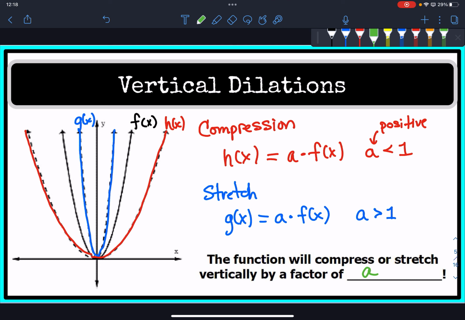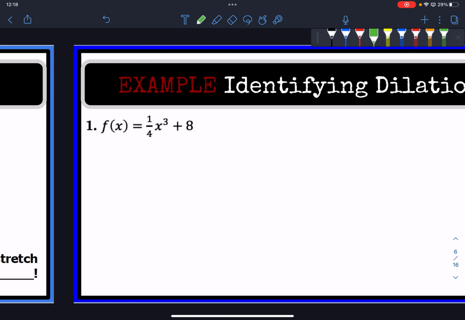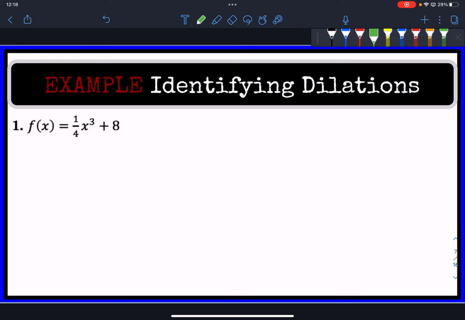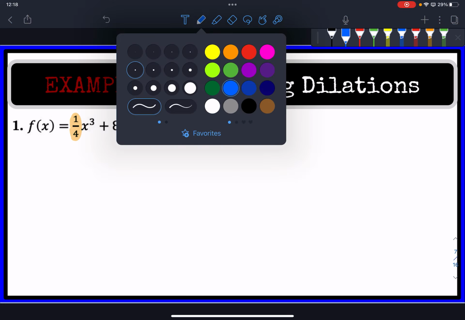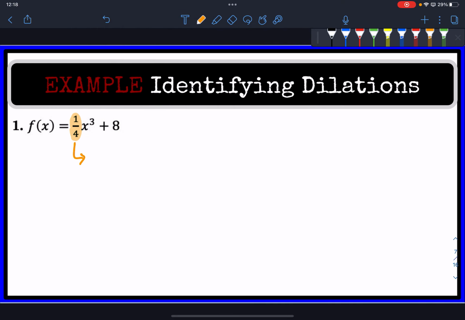So for example, we'll go back to this one in a second. So for example, here, since my dilation is 1/4 and I am multiplying by 1/4, my function now 1/4 is going to result again in a vertical dilation, and specifically a vertical compression.